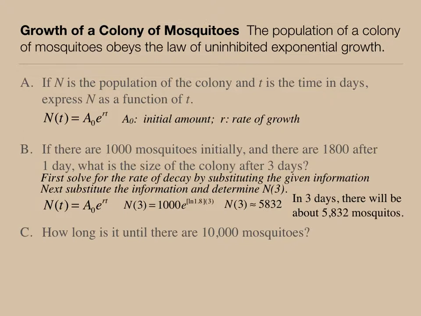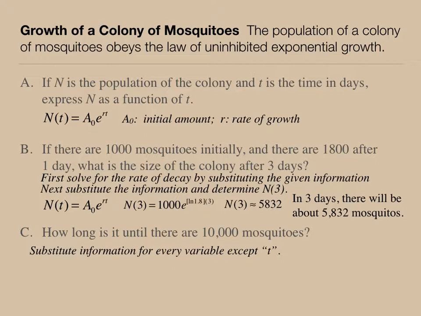Part C: how long is it until there are 10,000 mosquitoes? Well, obviously it's going to be more than 3 days, right? So what we're going to do is substitute into our equation all the information for every variable except t, because we want to know how long until there are 10,000 mosquitoes.